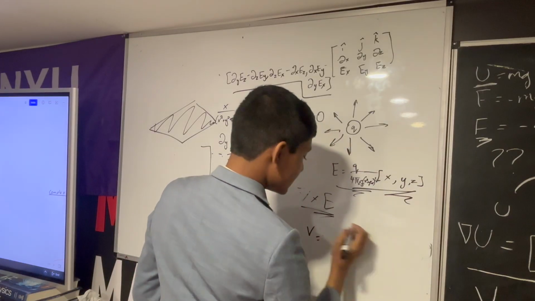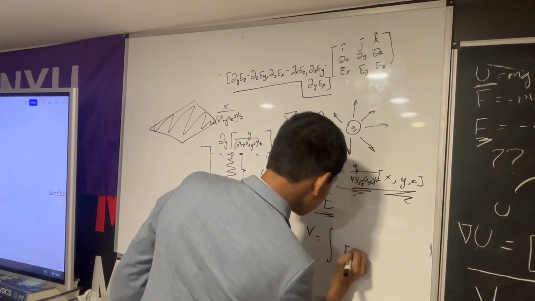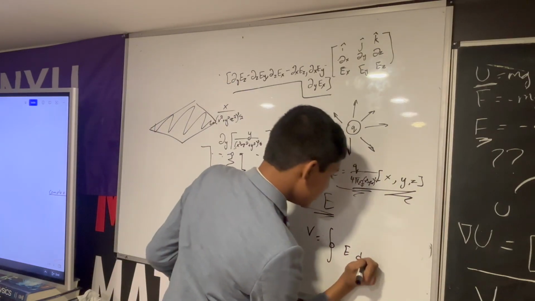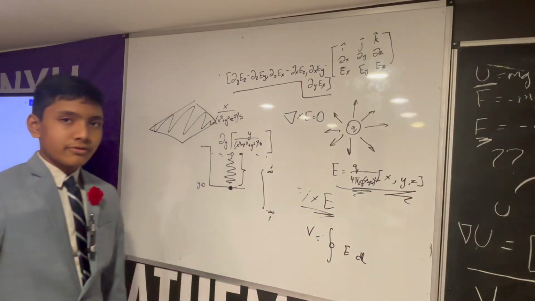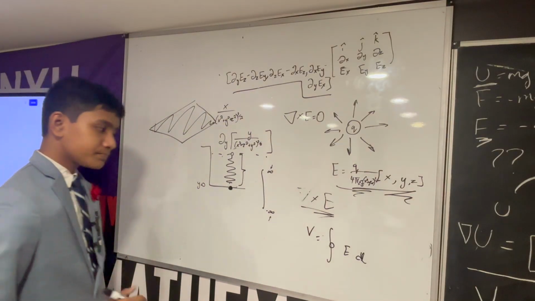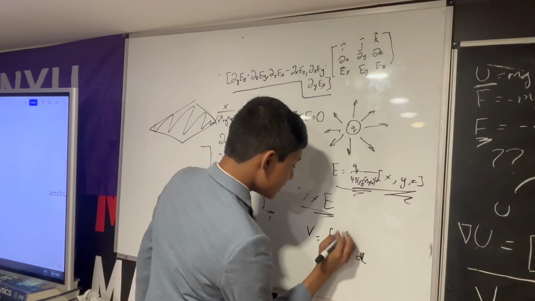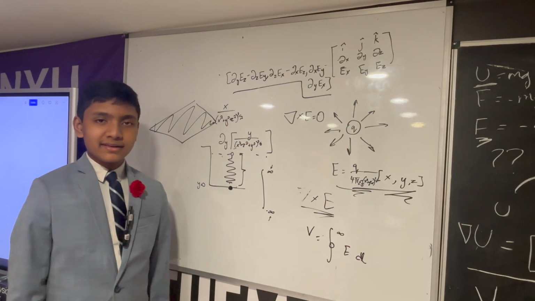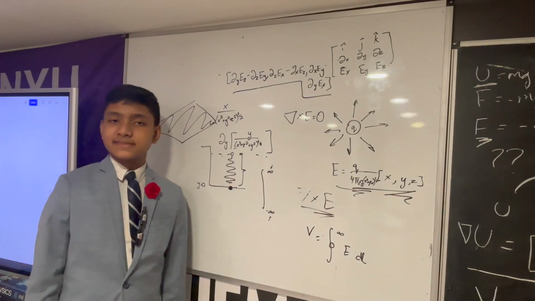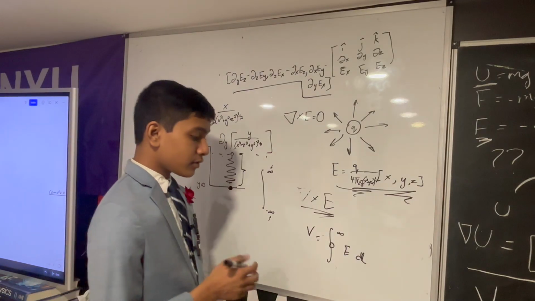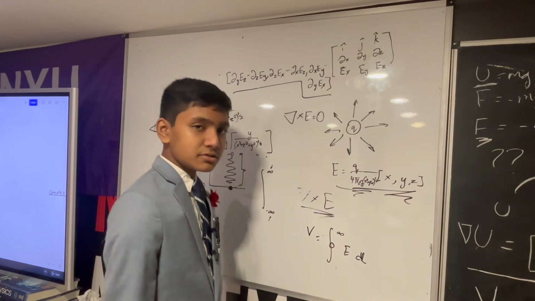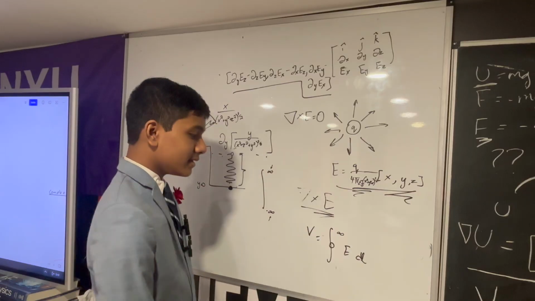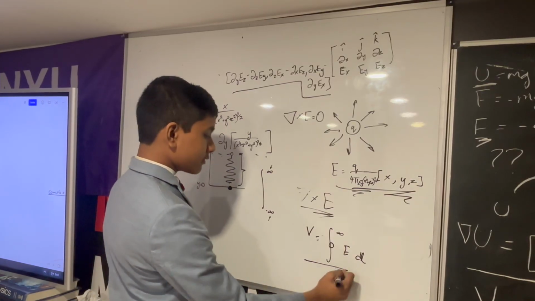Because of this definition, you can actually write potential as the path integral of E over some curve. So, you usually take it to infinity, either positive or negative, but sometimes that's a very bad decision. So you have to be careful when you want to evaluate the potential, and always try to make it explicit if you're not using infinity.